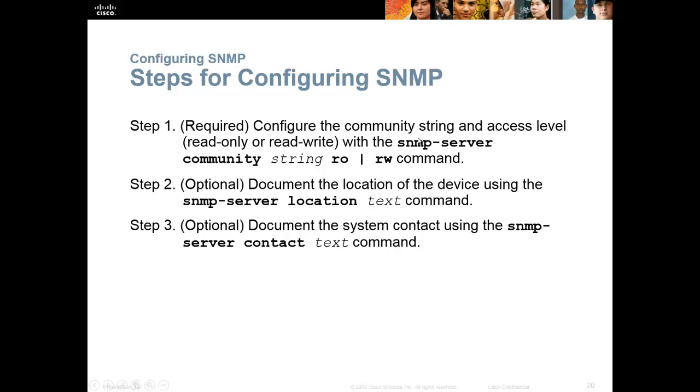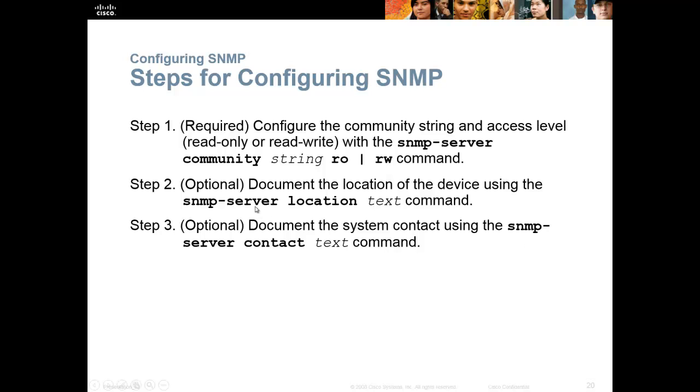So let's say I want to do a private one that I can read write. I would go to global mode, type in snmp-server community private RW, enter. And at that point, I'm done. I've now turned that on and created a community string called private that I can access.